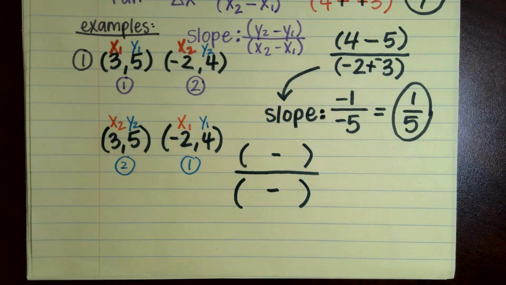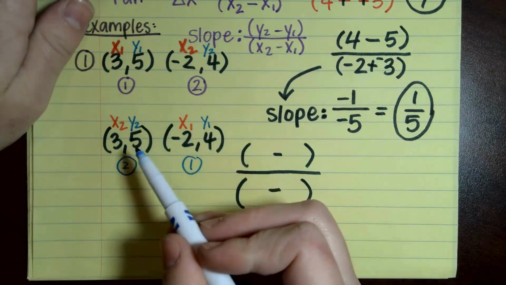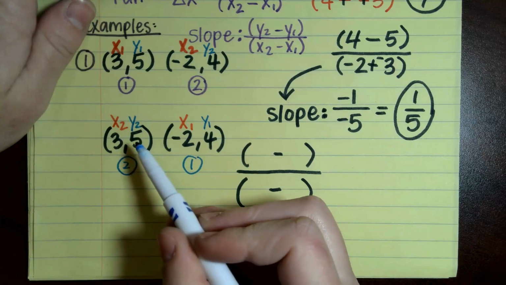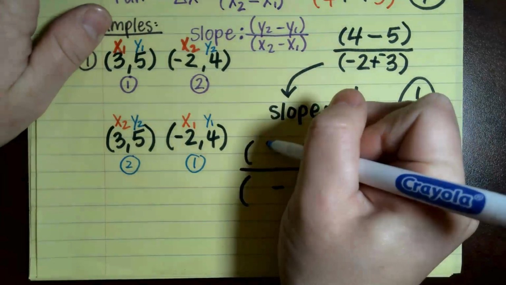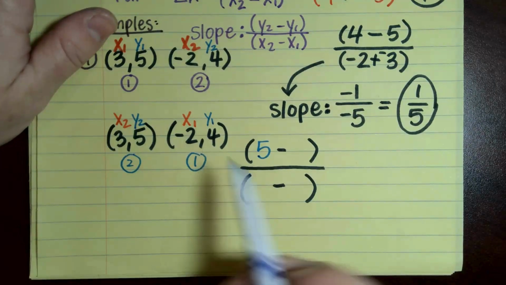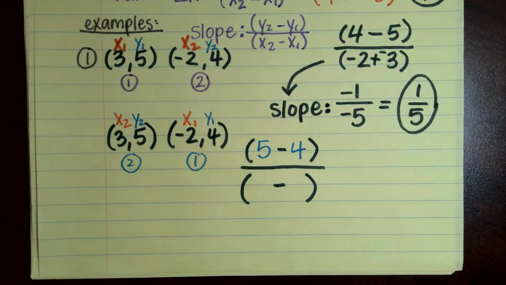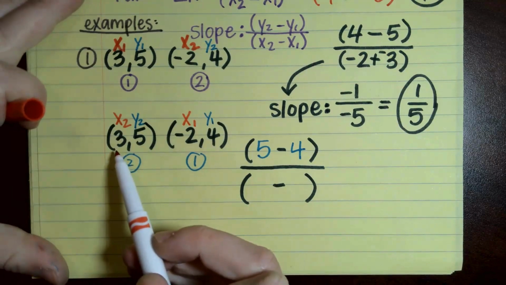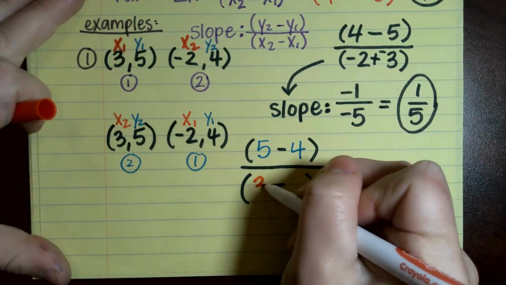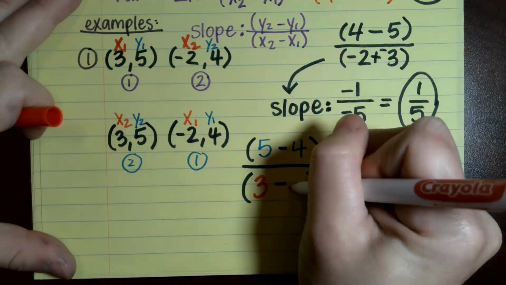Okay, so let's do our y values first because they're on top. Which one is y2 now? Y2 is 5. Absolutely, so we'll put 5 minus, and what's y1? 4. Now let's work with our x's. What's x2? 3. And what's x1? -2.